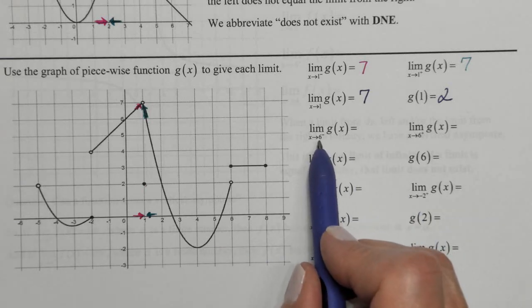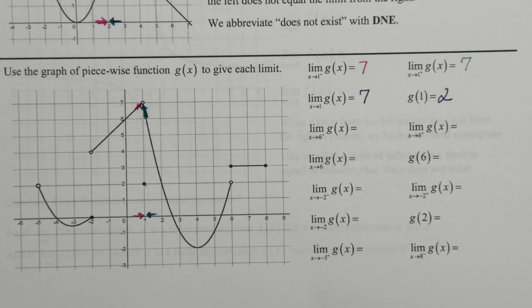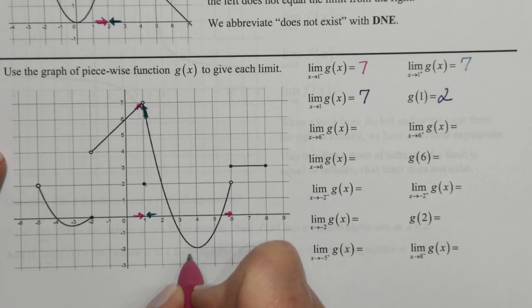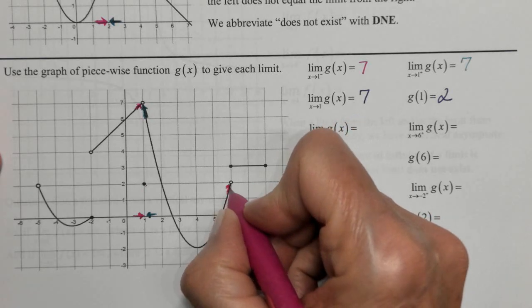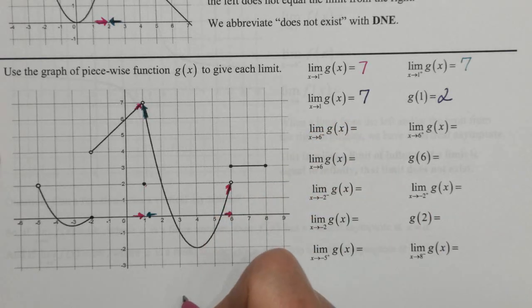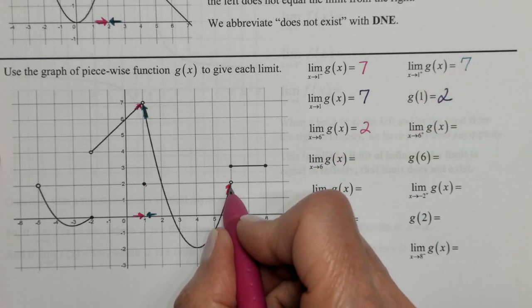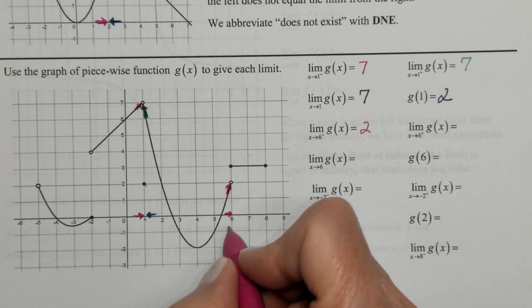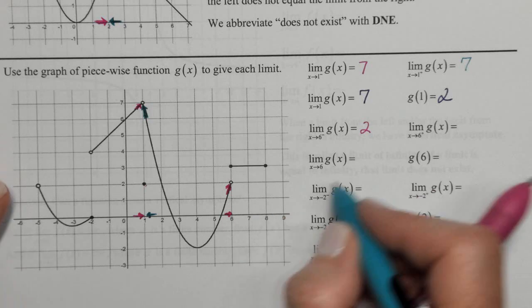Okay? Let's go now to x going to 6 from the left. There's x approaching 6 from the left. Where's the function? The function is approaching 2. The function thinks it's going to get to 2. It's intending to go to 2 from the left. What about from the right?